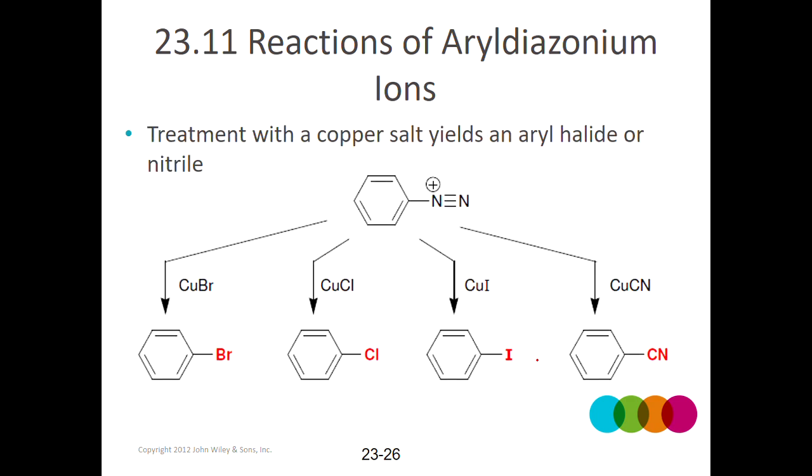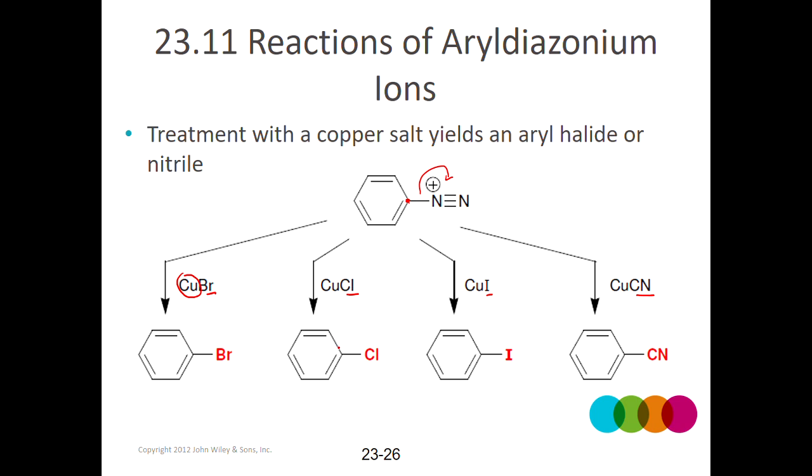And so we see, I'm not sure why, but copper as a spectator ion seems to be effective in bringing in a counter ion as a nucleophile. So a bromide, a chloride, an iodide, a cyano group, those all can come in and replace that excellent leaving group and get connected to that carbon where the leaving group left.